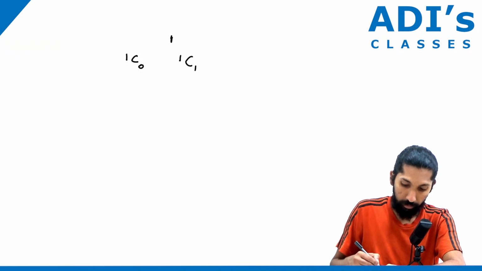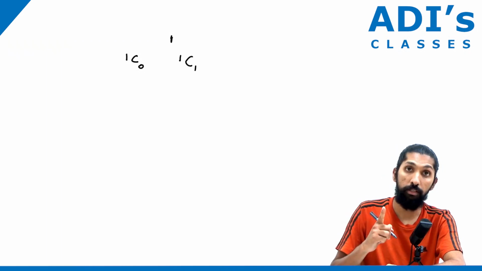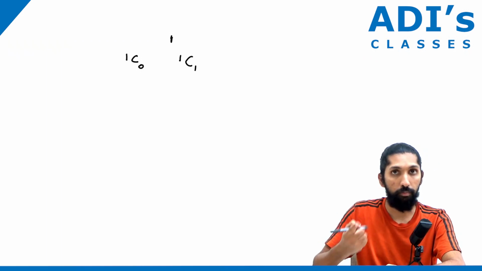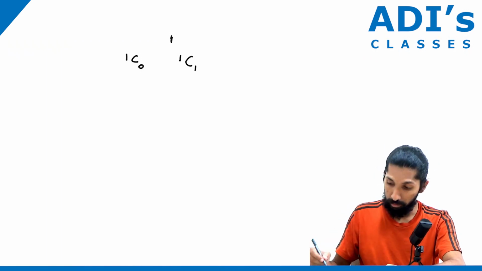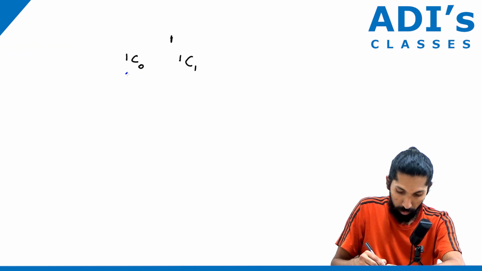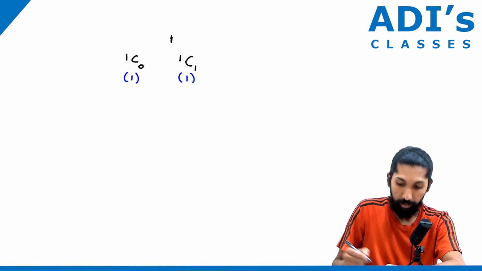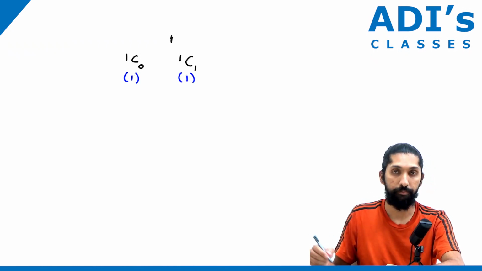So here we can write this as 1C0, 1C1. What is 1C0? 1. What is 1C1? 1. Correct? So here, this is also 1. This is also 1.